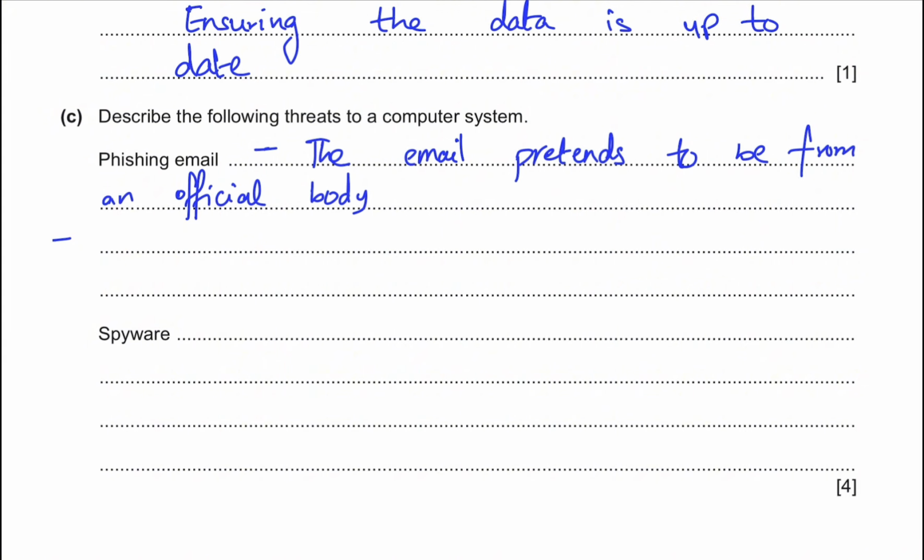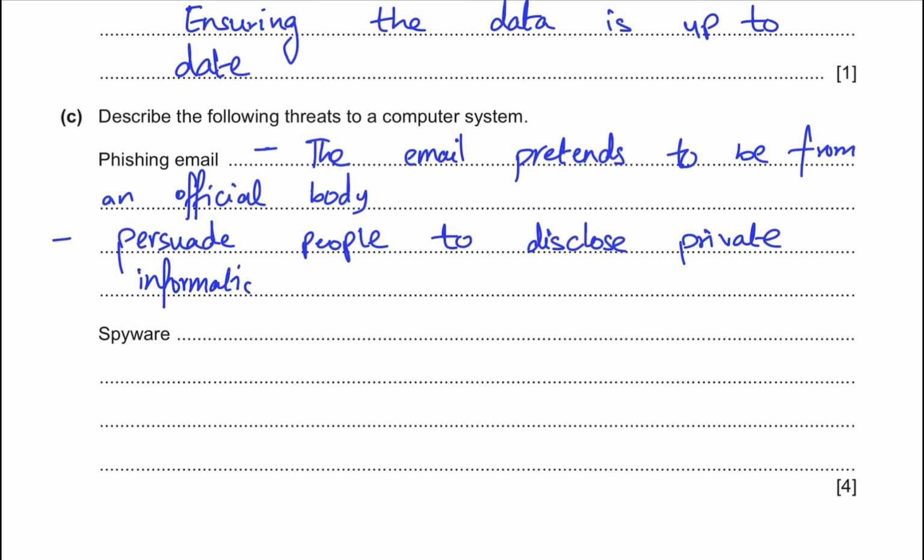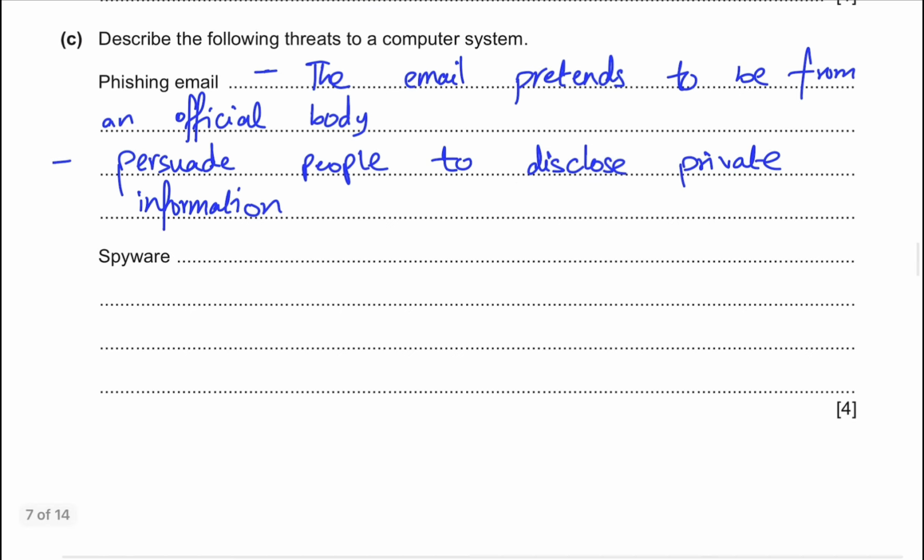Second point is they basically persuade people to disclose private information. Fake emails, not from authorized websites or companies or banks. The email pretends to be from someone official, and then they can take your bank account details and all that, and then they can hack you.